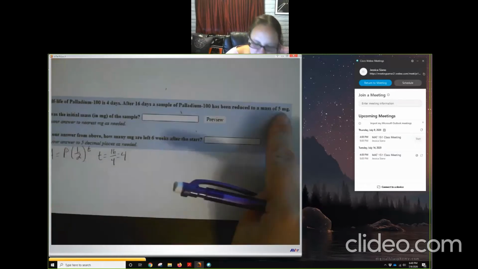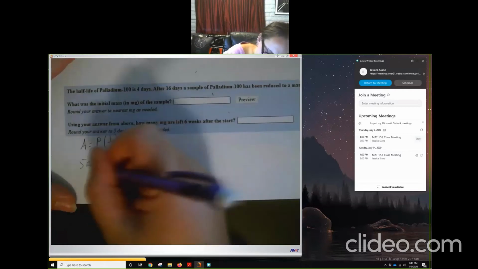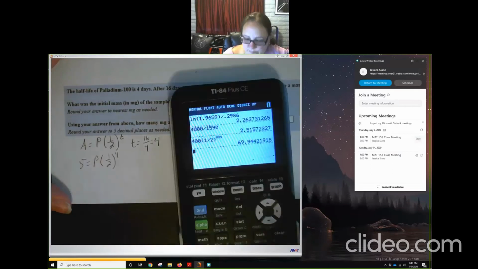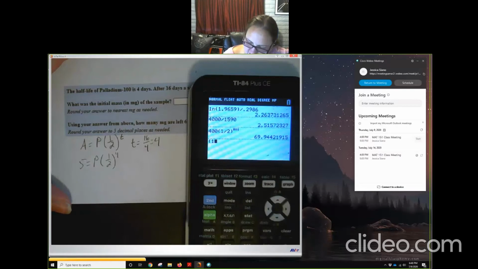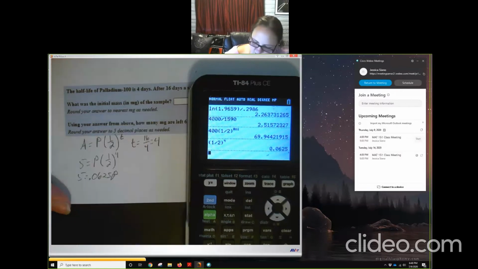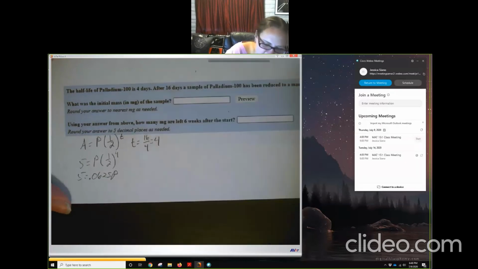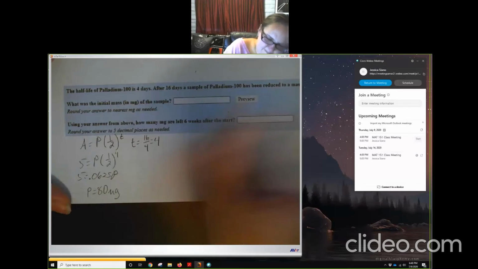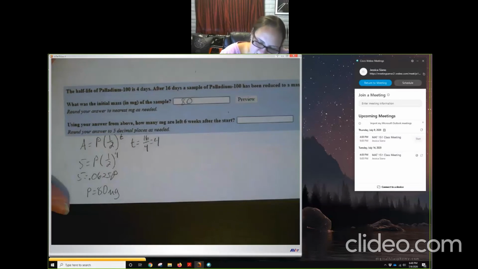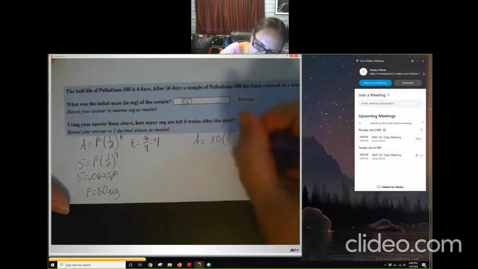And its ending amount was 5 milligrams. So 1/2 to the 4, and then do 5 divided by that. So that means that my initial amount was 80 milligrams. So then my new formula would be A equals 80 times 1/2 to the T.